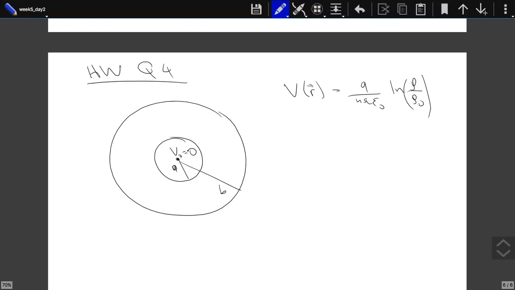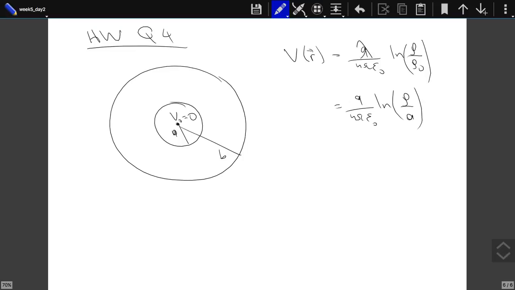So the potential of this point is equal to the potential of this point, and the reference point I can take to be on this point. That is, rho 0 is equal to A. This is for a single cylinder, not two of them, a single one. So let's write the potential everywhere.